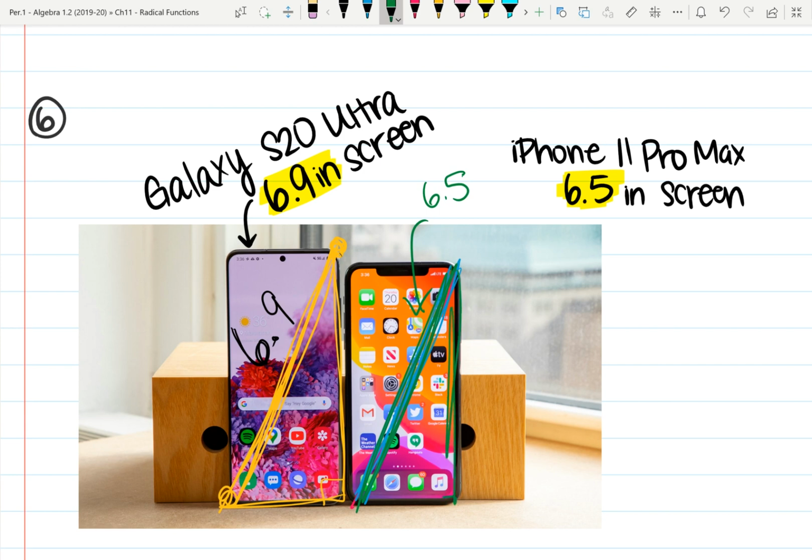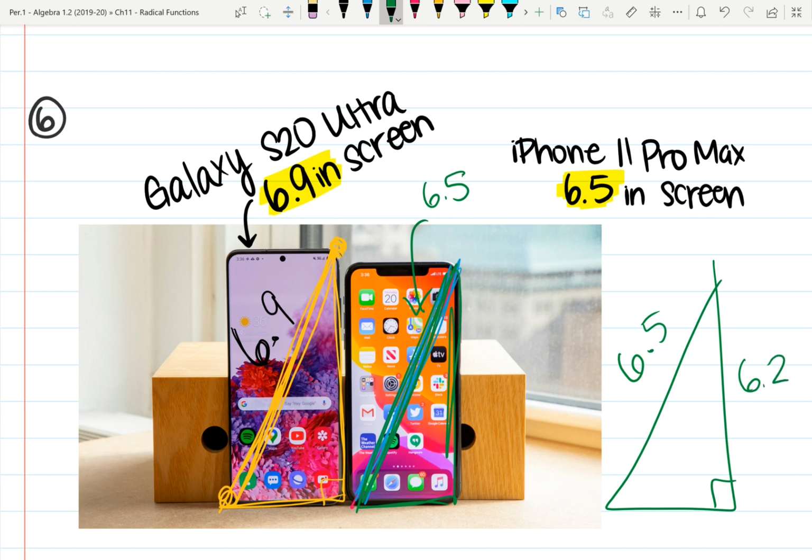So if you were to create a right triangle, the diagonal is 6.5. And actually, I went and I looked it up. I believe the iPhone, if you took the whole entire iPhone, the height is actually 6.2 and the base is 3.1 inches. So the height of the iPhone is 6.2 inches, not 6.5.